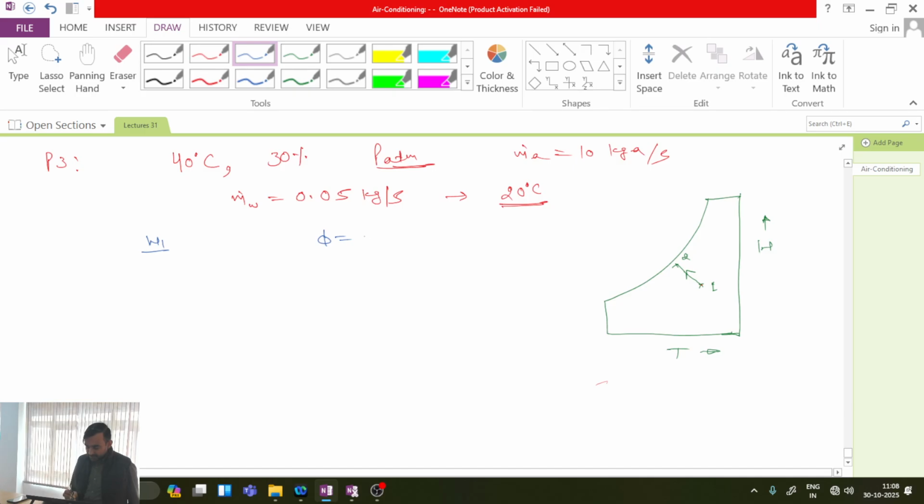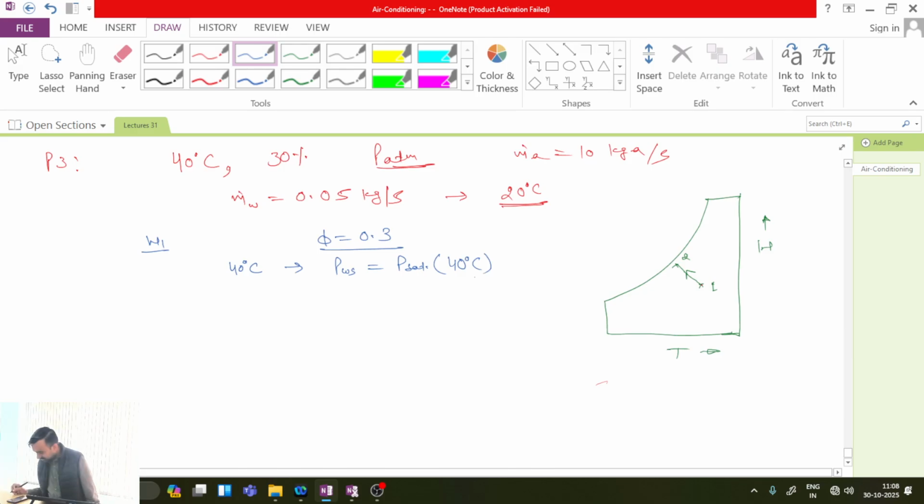Phi is 0.3, and at 40 degrees Celsius from the steam table I can calculate the saturation pressure, Pws. This is coming out to be 0.0738.